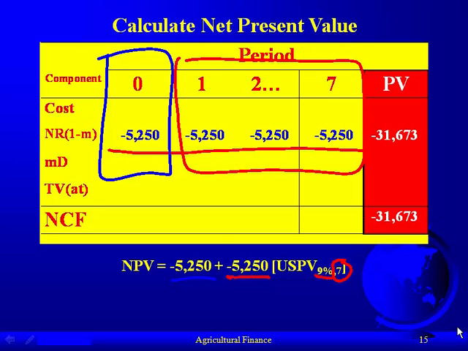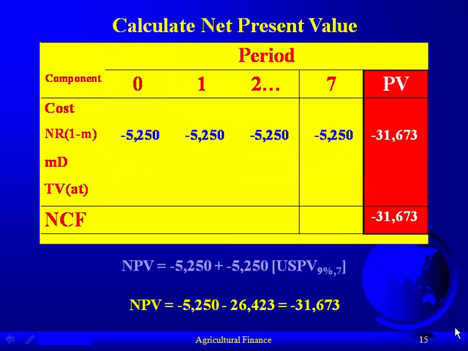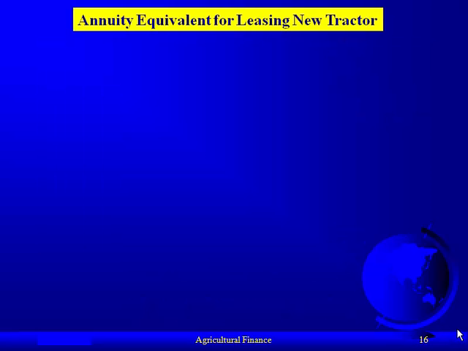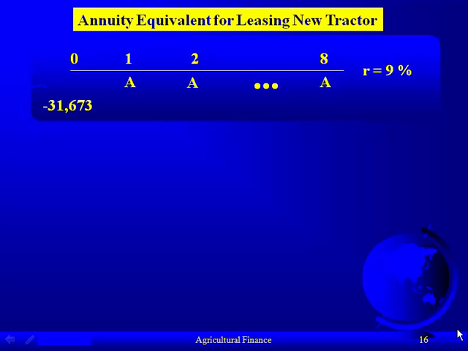Could I have just done this and put an 8 here? Would that have worked? The answer is no, because this USPV factor is based on end-of-period cash flows. So we do the arithmetic, and it comes out to a net present value of negative $31,673.